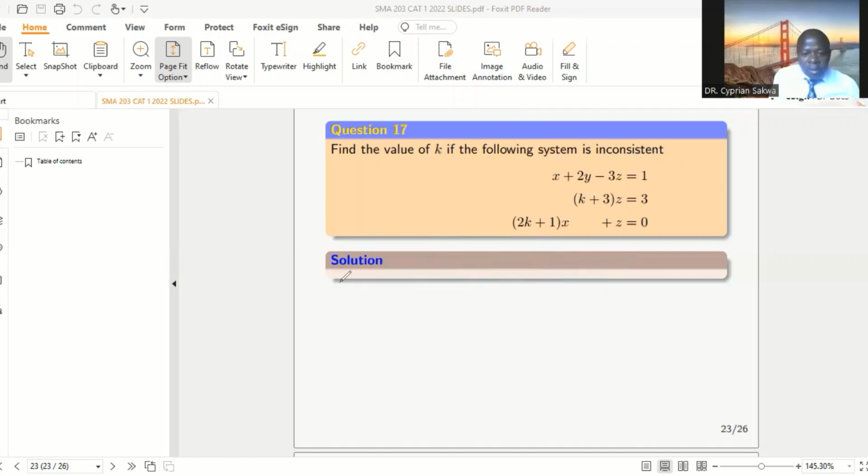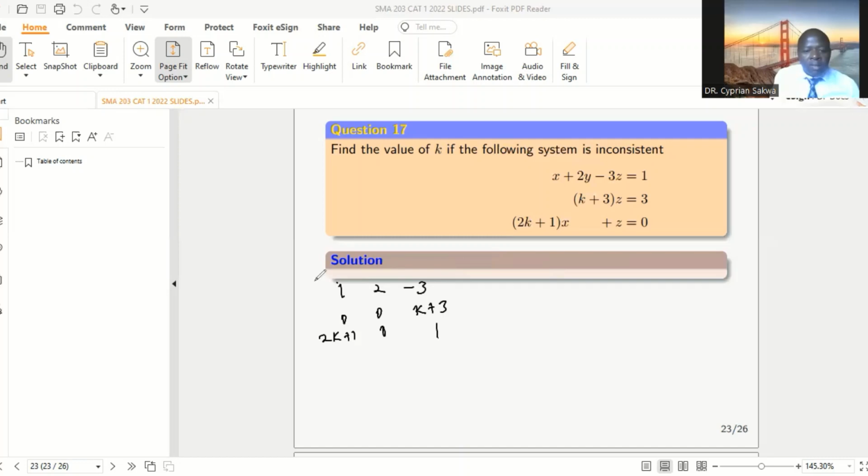Now, let me write the matrix: 1, 1, 2, negative 3, 0, 0, k plus 3, 2k plus 1, 0, 1.